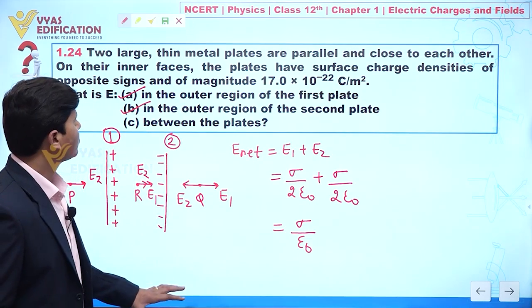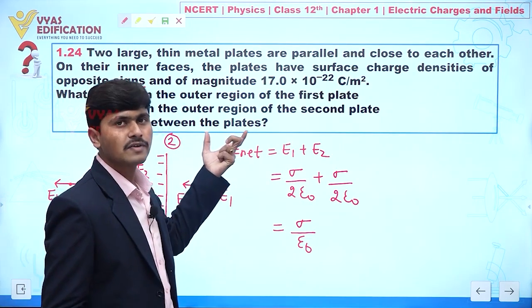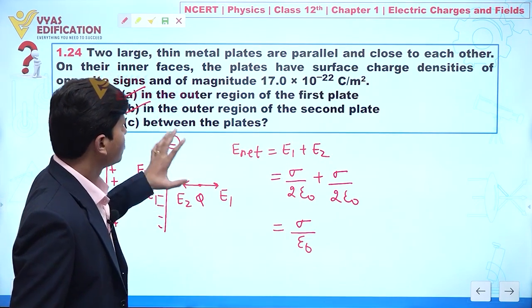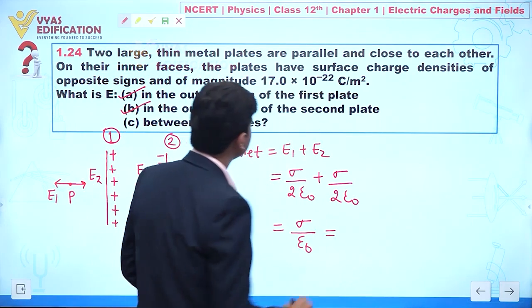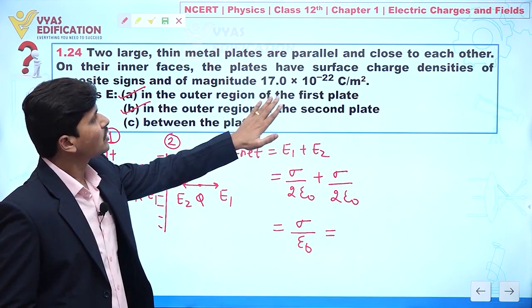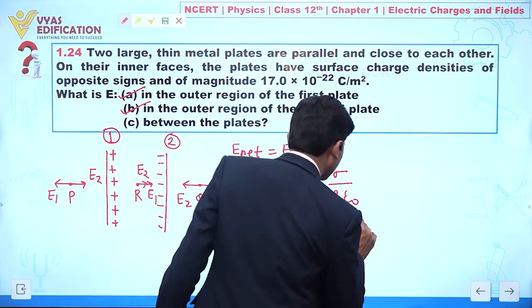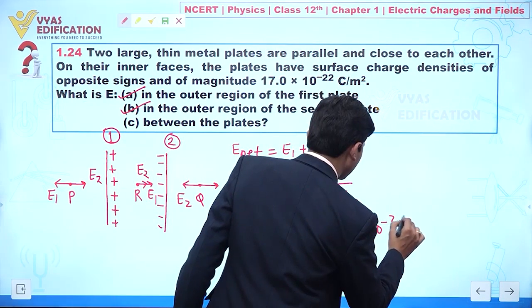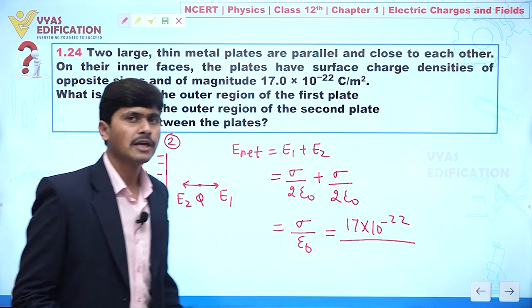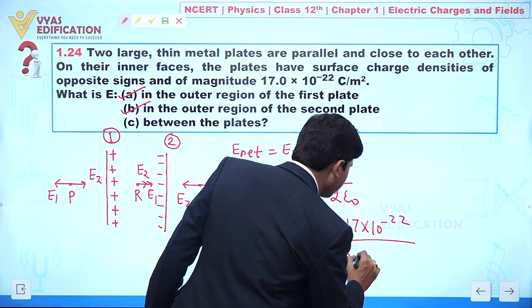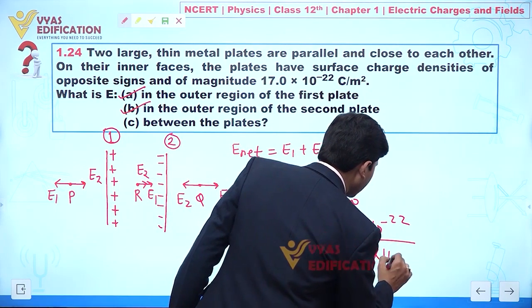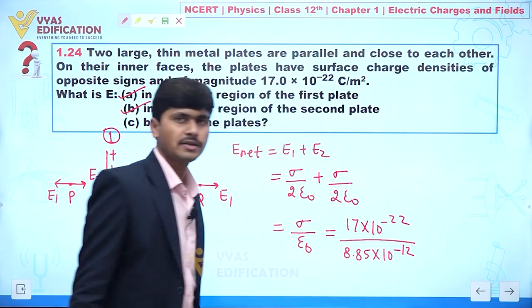Our objective in this question is to calculate the value of E. Sigma is given to you, 17 × 10^-22, so 17 × 10^-22 divided by epsilon naught. Epsilon naught is 8.85 × 10^-12.